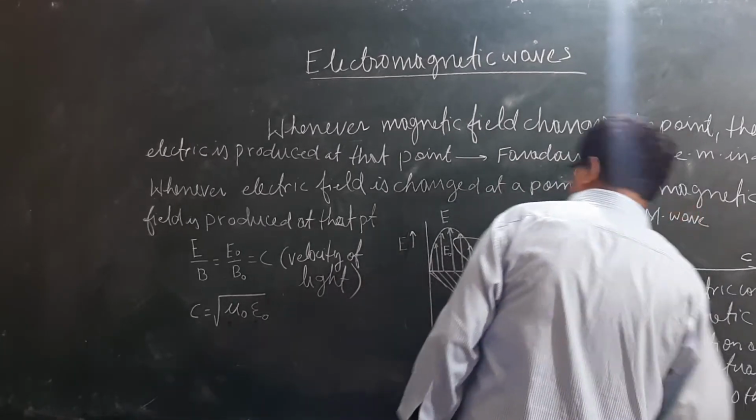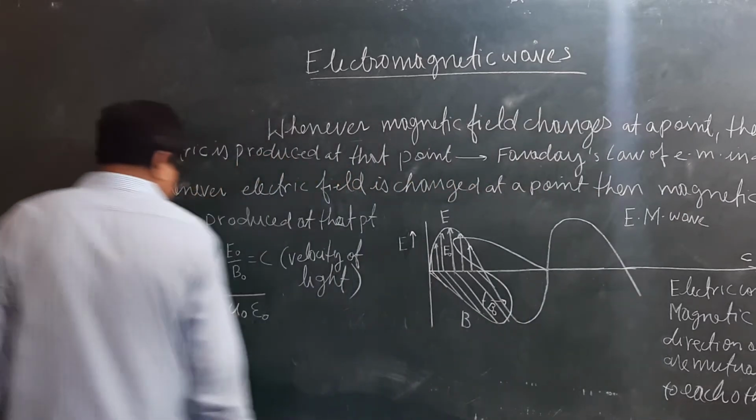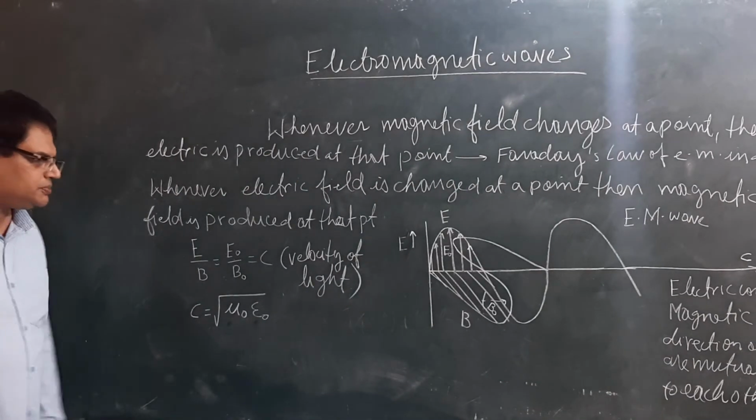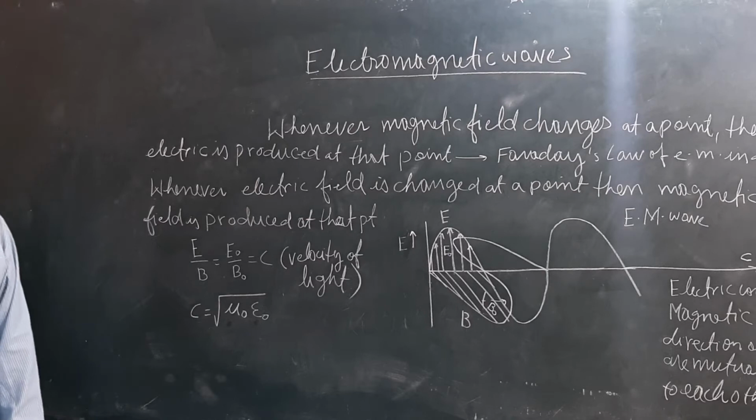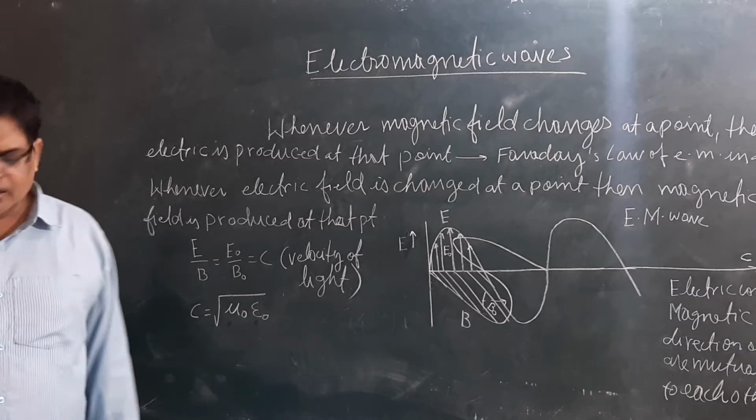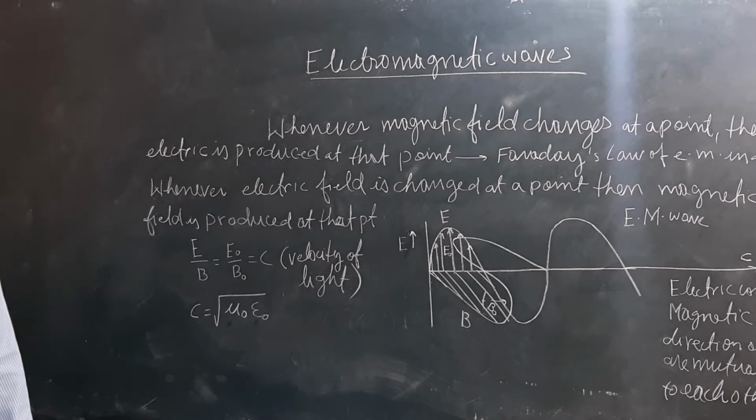Right, this is a very important property. So you should remember this formula also. So this is about the nature of the electromagnetic waves. Now we have understood what is electromagnetic wave, and now we will discuss the nature of electromagnetic waves.